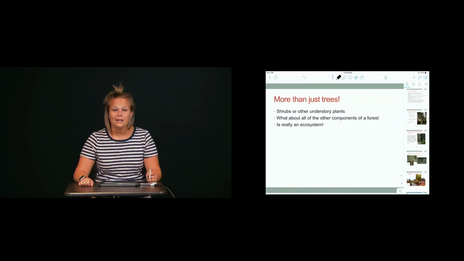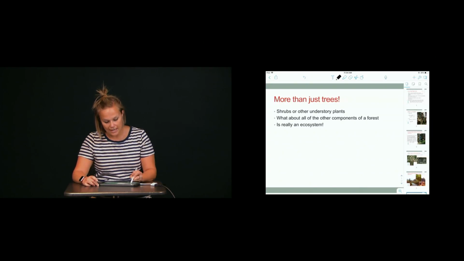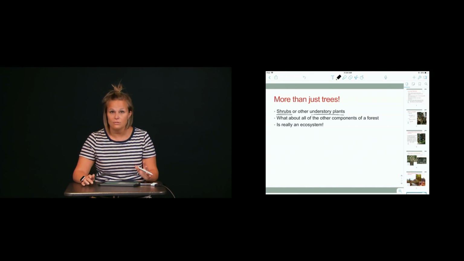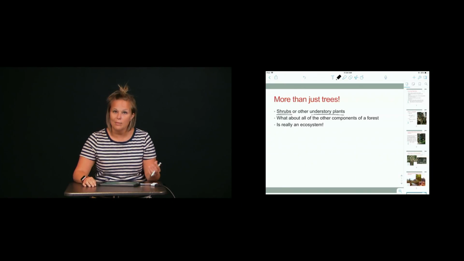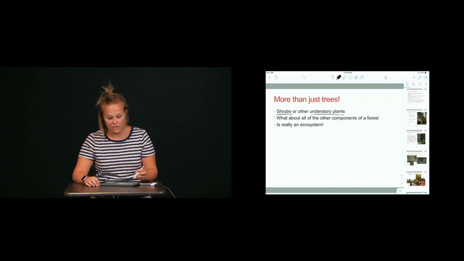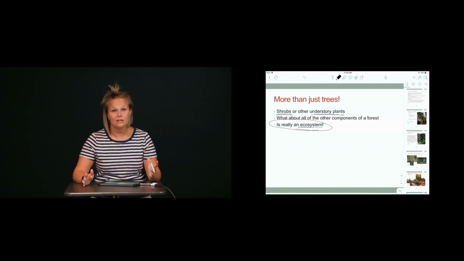Also, as I was alluding to, a forest is more than just trees. Looking at a forest as a whole, you can also consider that it has shrubs or other understory plants that in and of themselves will serve certain purposes, such as habitat or shade or air purification again. And also that it really operates as an ecosystem. So yes, there are trees and those are unique features of a forest.